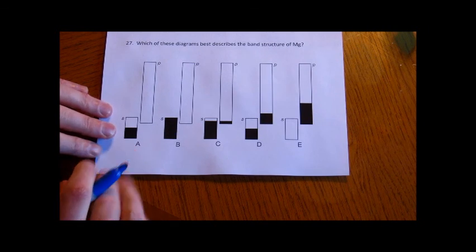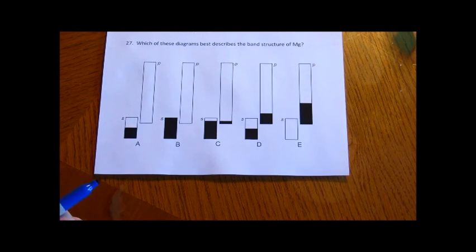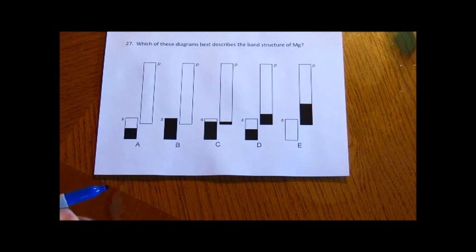Next question, which of these diagrams best describes the band structure of magnesium? It's showing the overlap between the s and the p orbitals. So what you have to think about here is remember that bands are just many molecular orbitals packed together, and like any energy level diagram, you start from the bottom and you fill it up in order of energy.